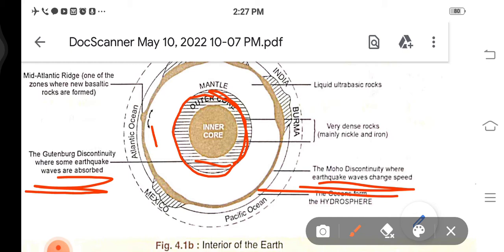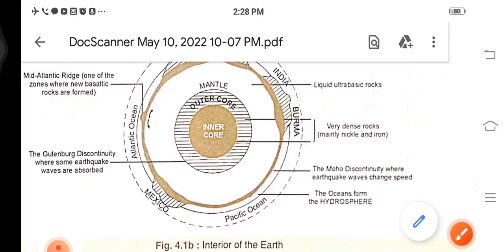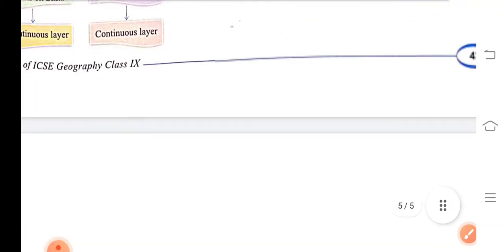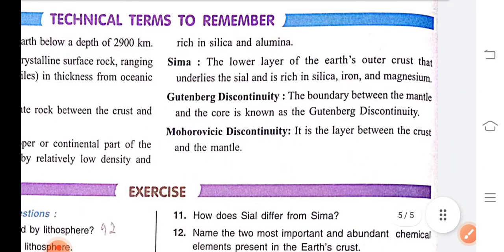And then next, the Moho discontinuity. At the Moho discontinuity, this is also a boundary. Here the earthquake waves change their speed. The Moho discontinuity, as I read in your new terms, is the Mohorovicic discontinuity, a layer between the crust and the mantle. Gutenberg is between the mantle and the core.